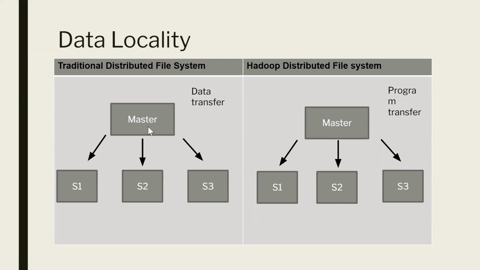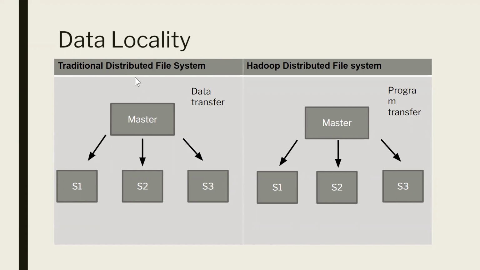Let's take a simple example of counting words. I want to count the words in that 1 GB file. All 3 slaves have the program to count the words, your Python code or your Java code. Now your master has that 1 GB file.